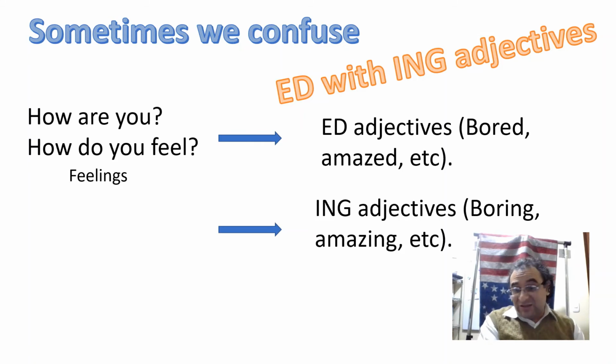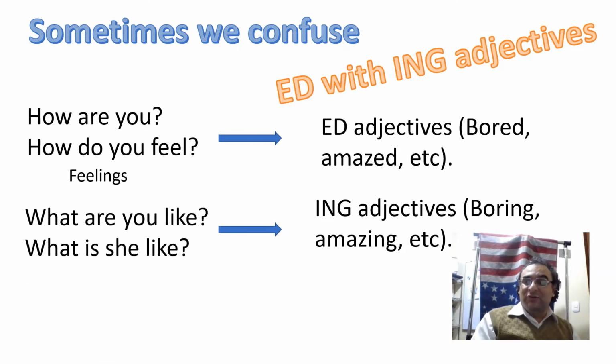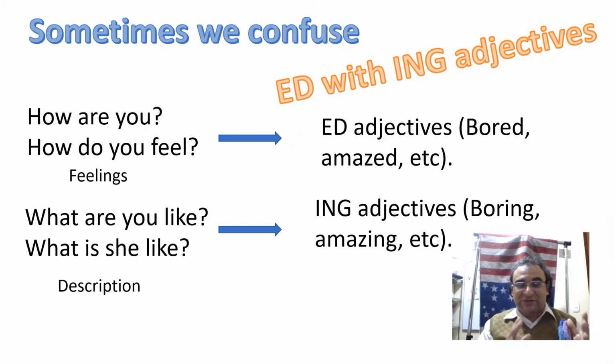These ing adjectives are used to answer the question, what are you like, what is she like? That's when you talk about a description. So be careful and try to understand the difference. One thing is a feeling, how you feel as a person, right? People have feelings, and the ing is to describe people or to describe objects.